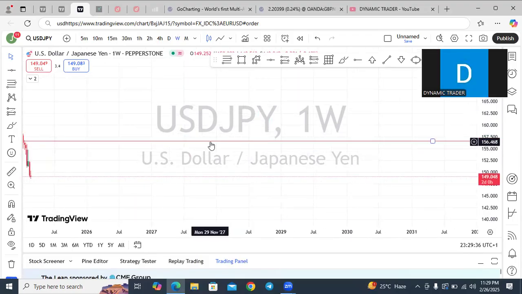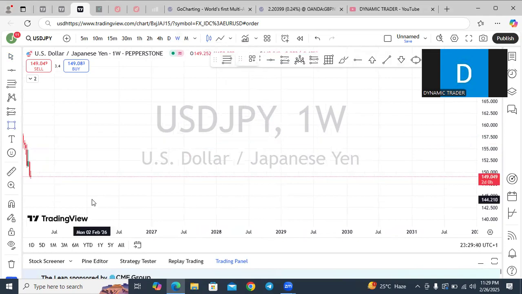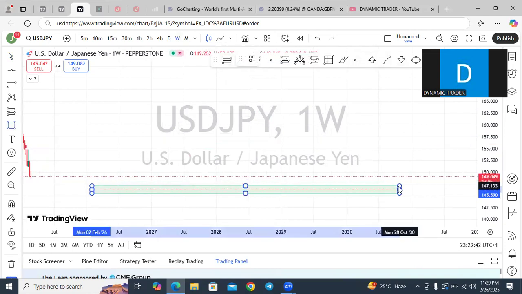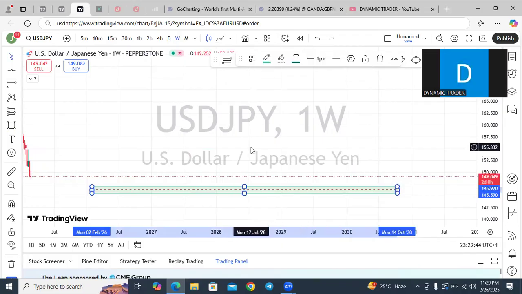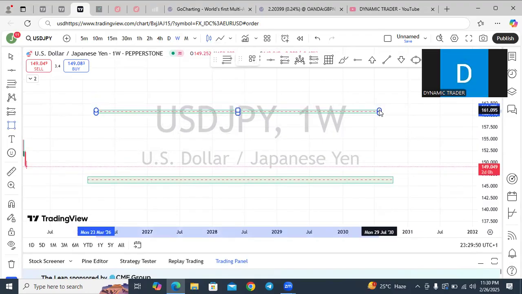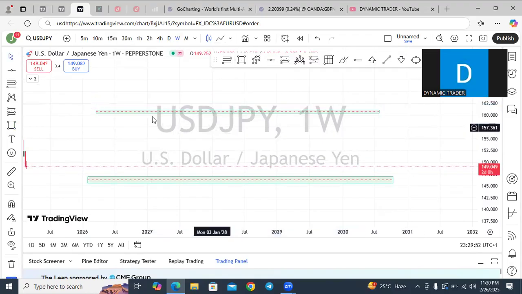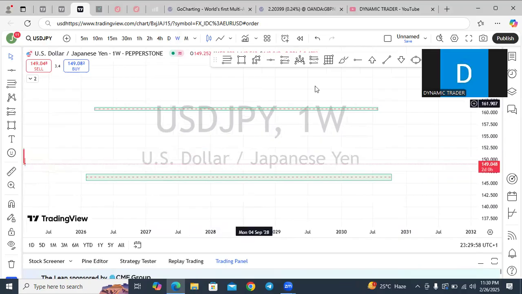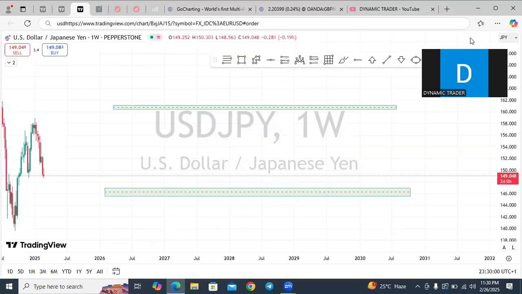For instance, if I have this line here at the bottom, and I have this other one here at the top. In this case, this place is serving as resistance, while here is serving as support.